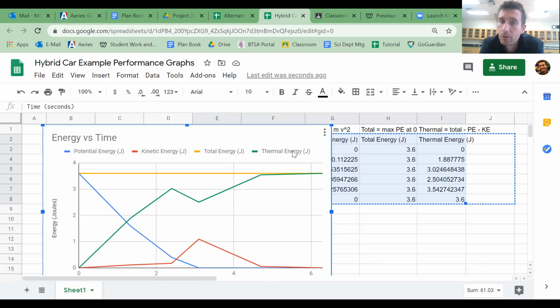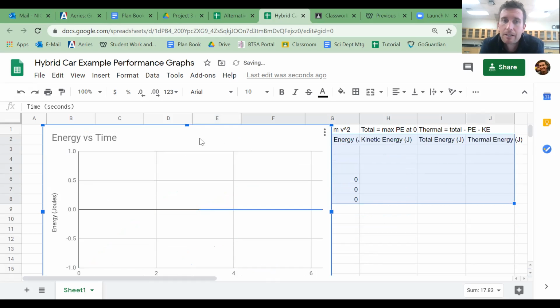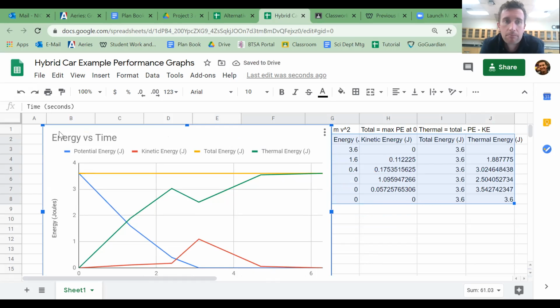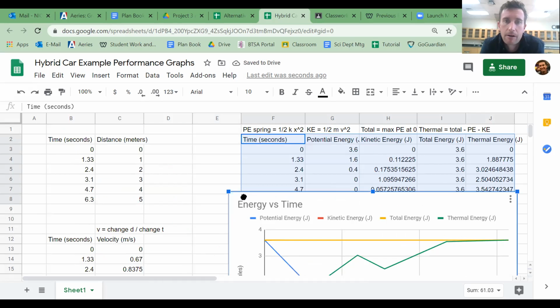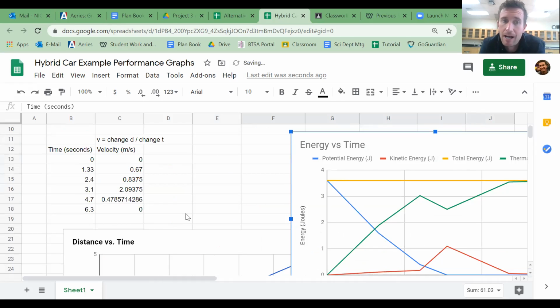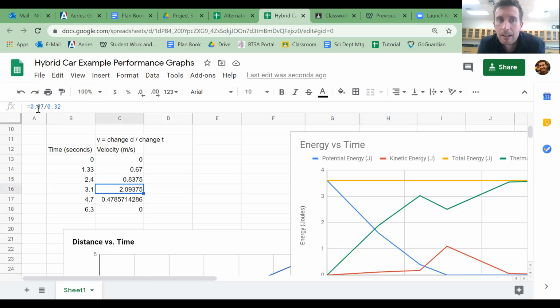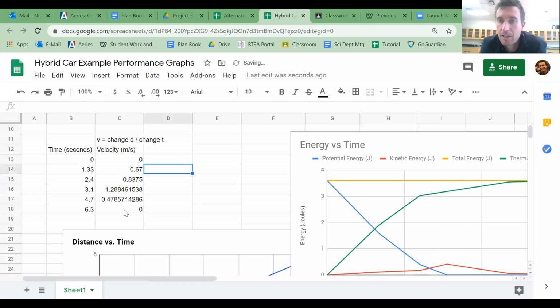And if I did that, the cool thing about a spreadsheet is I can change the velocity, and that'll change everything else. So at 3, I thought there was an issue with my velocity. It was 0.67 over 0.32. Maybe I mismeasured that. Maybe it was actually 0.52 seconds. So that would change that. And now all of a sudden, it has changed my velocity.